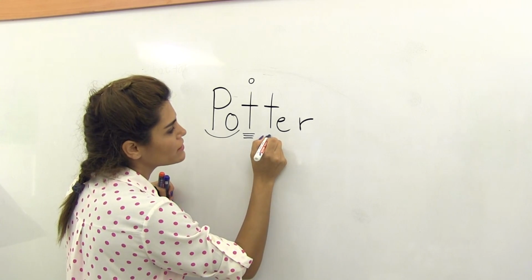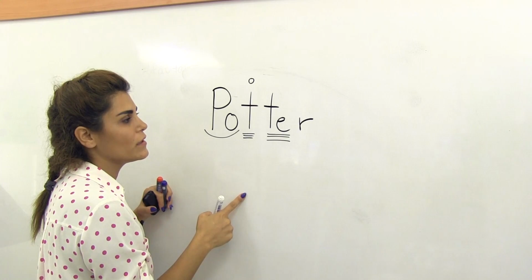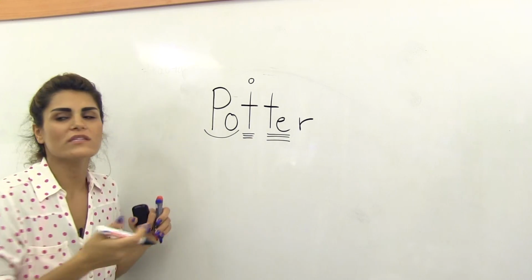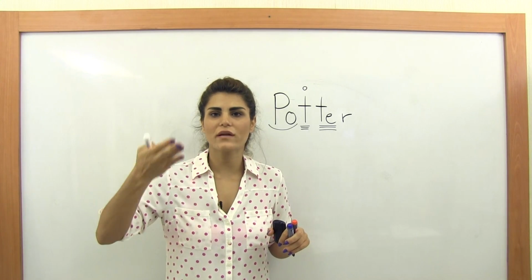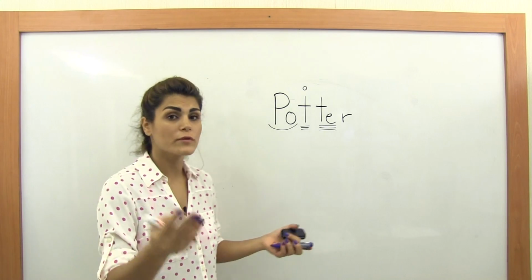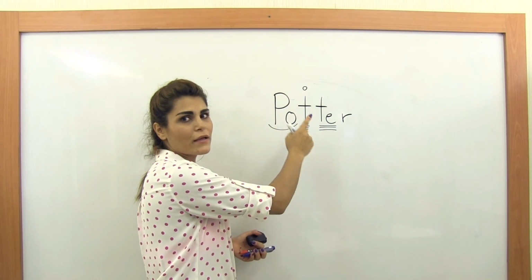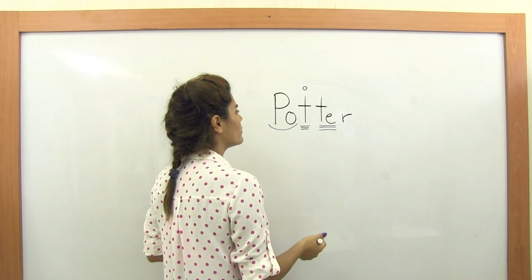And then the second T has kasra, the E. Now in this situation, when you say potter, you actually pronounce one T and you stress a little bit on the sound. In Arabic, we avoid writing two letters where the first one is silent and the second is in vowel mode.